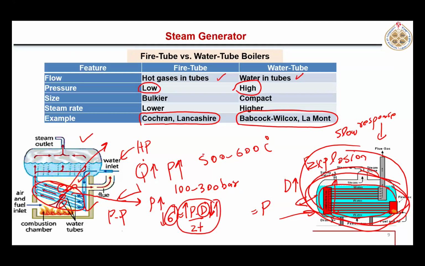If the diameter is very high and the pressure is also very high, the stresses will become too much. So that's why these fire tube boilers are limited to pressures up to 25 bars, right? But their construction is simple, that's why they're cheaper. So these are used for small and medium industries, or only for heating or low pressure applications, not for power generation. For power generation, mainly water tube boilers are used.